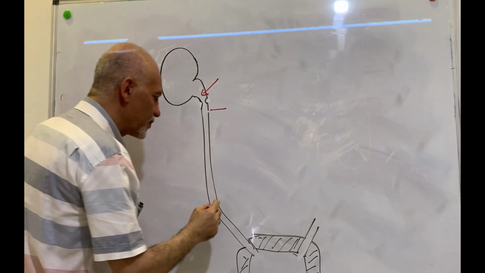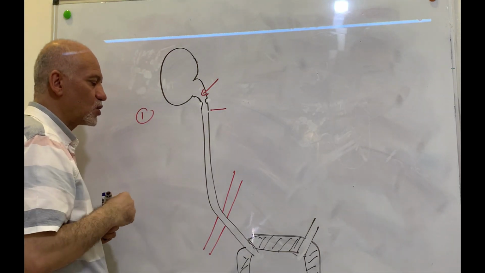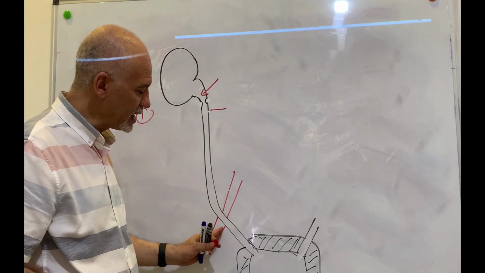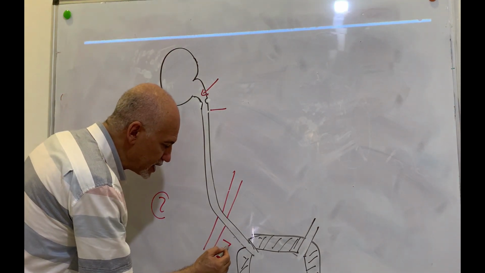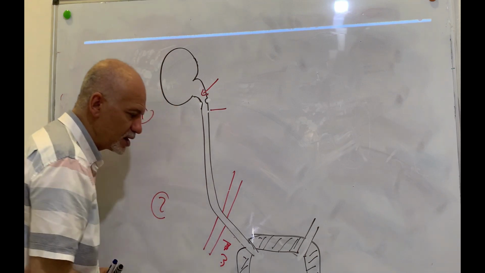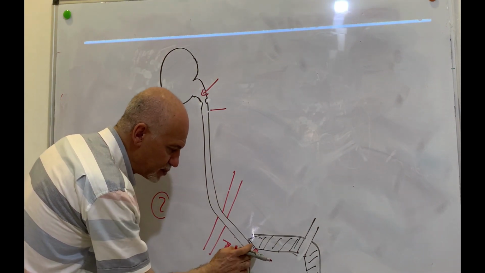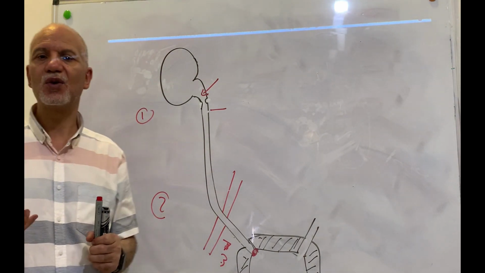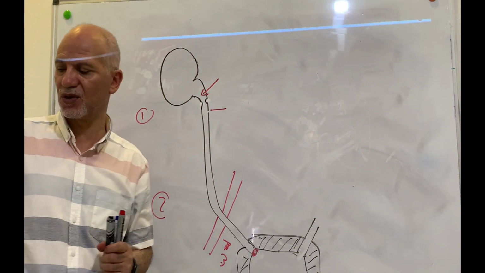Another narrowing is when the ureter crosses the common iliac, at the bifurcation of the common iliac into external and internal iliac: the second narrowing. The third narrowing is opposite the ischial spine. The last narrowing is at the termination. These are the normal constrictions of the ureter.